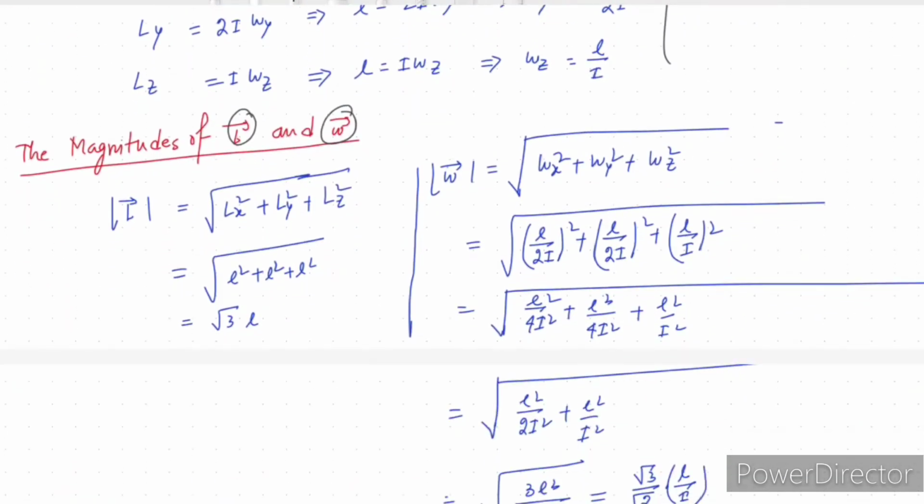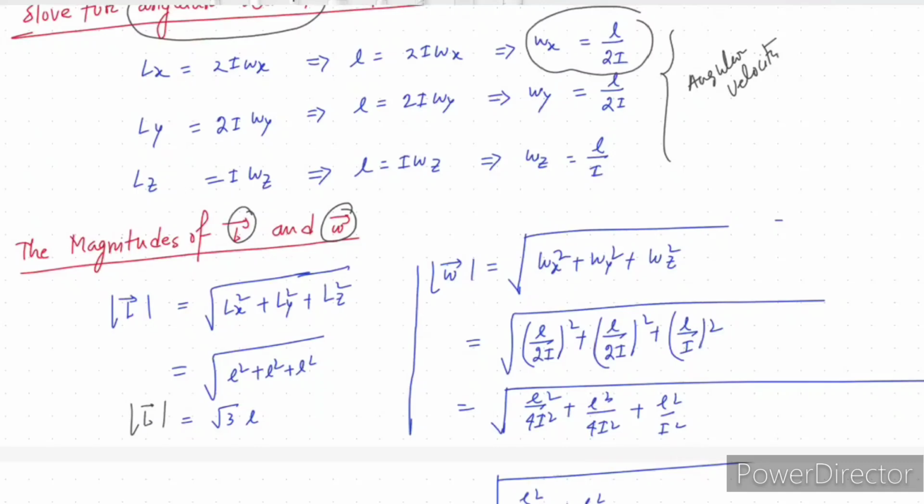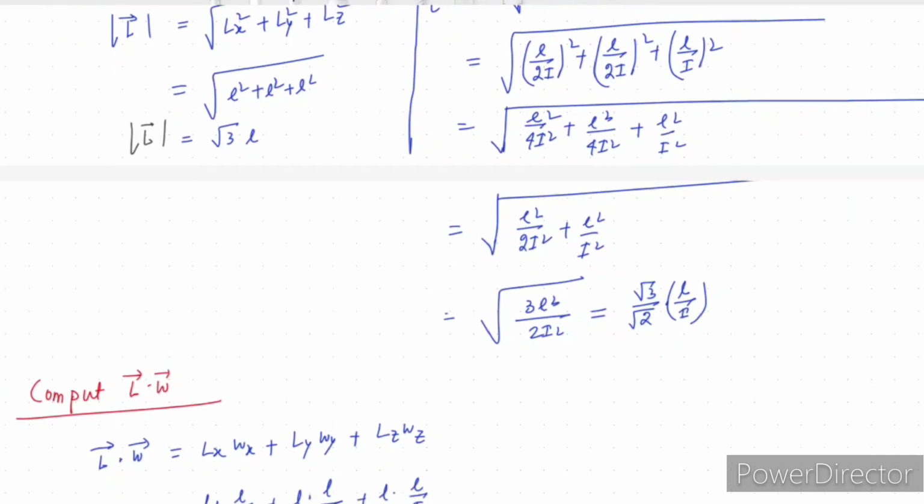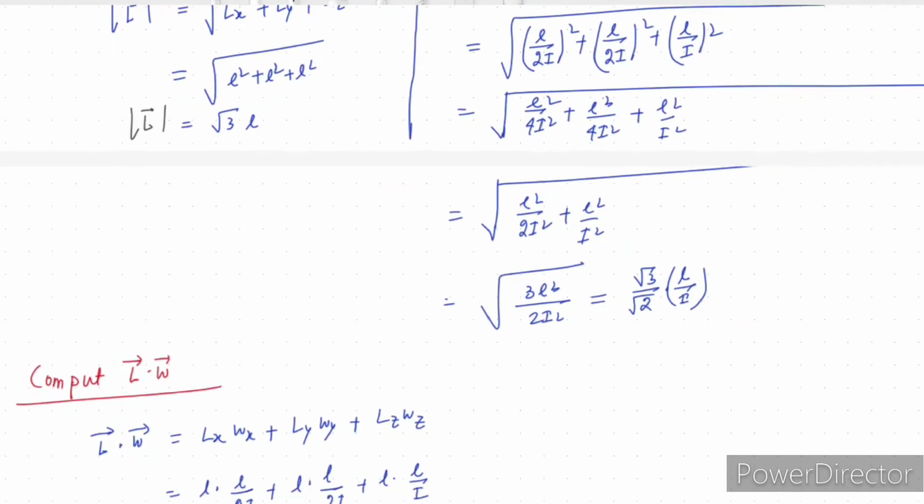We know the magnitude of angular momentum is root under Lx squared plus Ly squared plus Lz squared, and all the values equal L. So the magnitude of angular momentum is root 3 times L. Similarly, we calculate the magnitude of angular velocity, root under omega x squared plus omega y squared plus omega z squared. Substituting the values of omega x, omega y and omega z, we finally get the magnitude of angular velocity as root under 3 by 2 times L upon I. So we get the magnitudes of angular momentum and angular velocity.